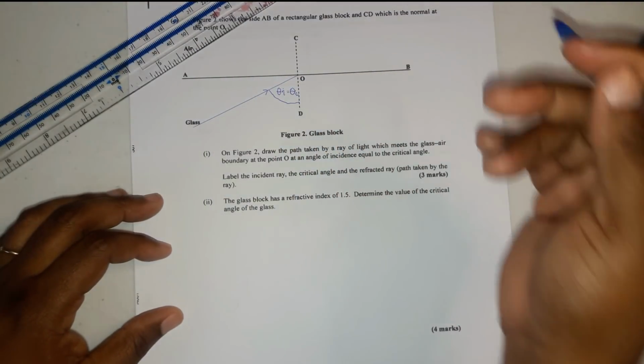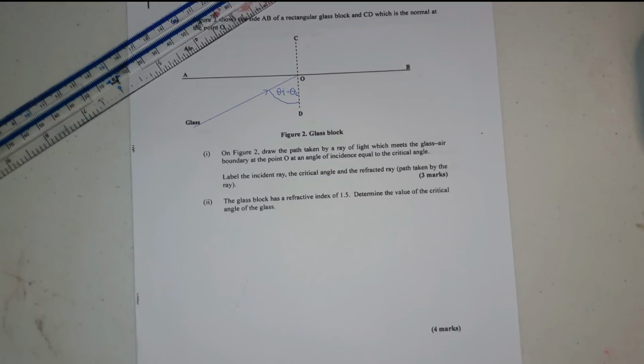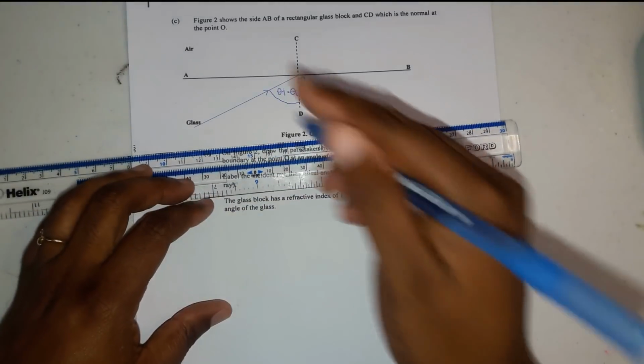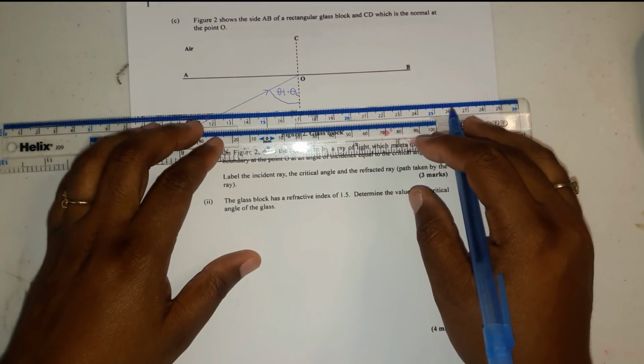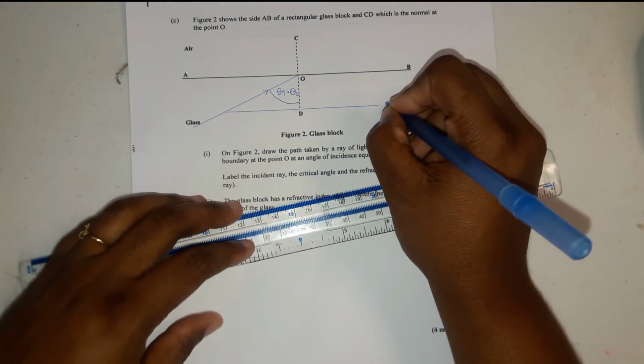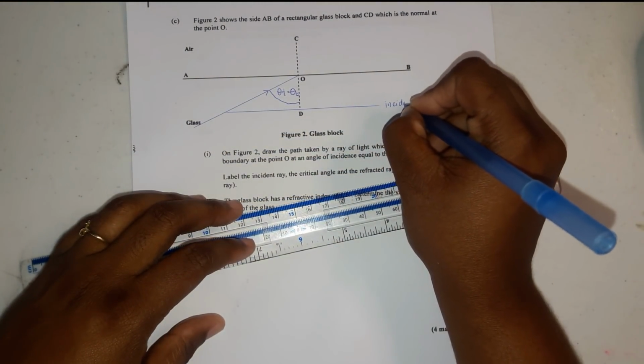And so we have to label our stuff. So here we have, and you put your arrows. So I put my arrow there. So this is our incident ray.